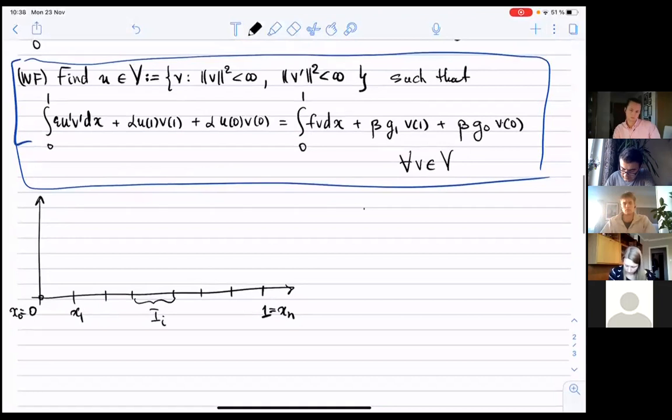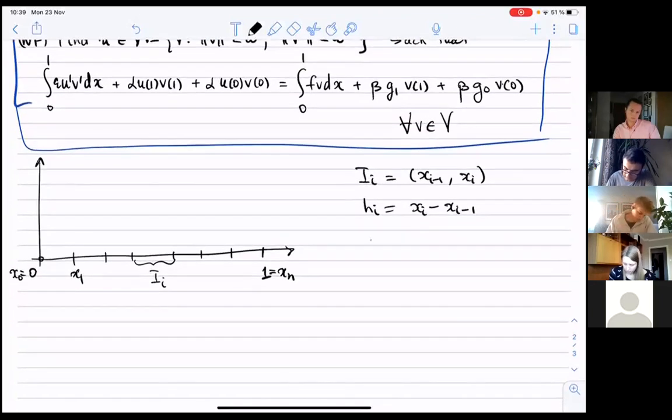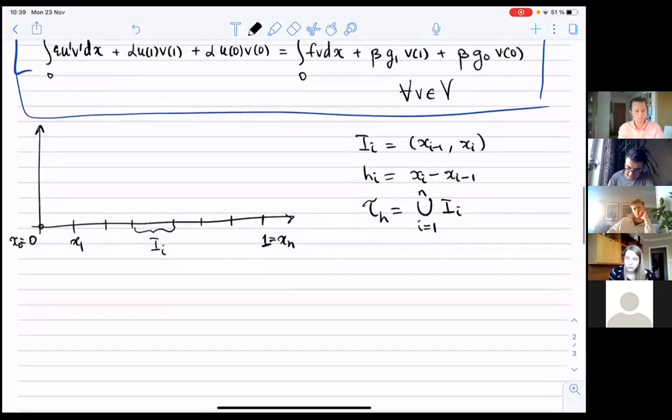So IE is xi minus 1, xi. Then HE, the mesh size, is xi minus xi minus 1. We denote this triangulation by the union of all these intervals. That's a triangulation.